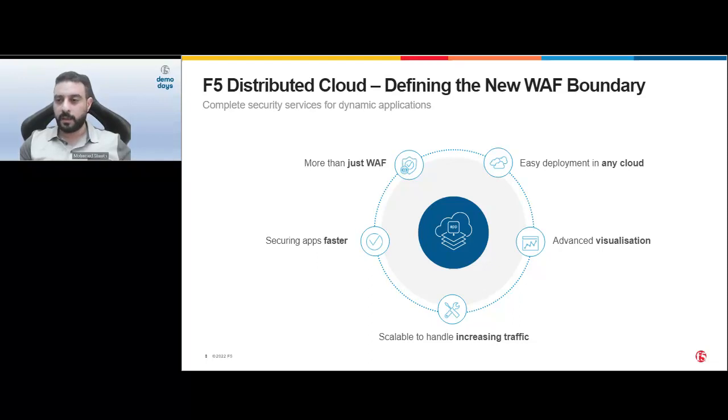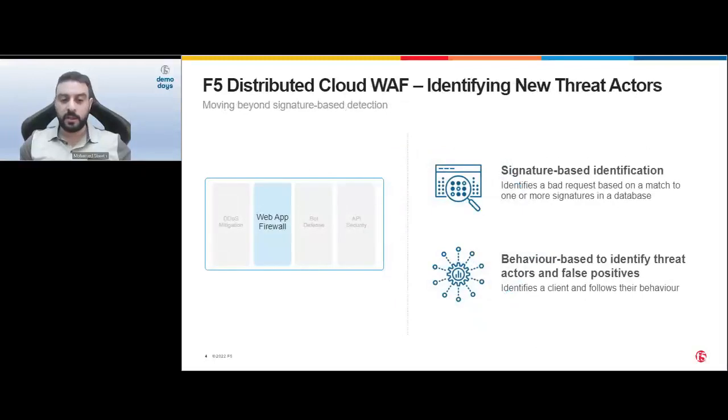So nothing is going to be deployed on the customer side, and it's a faster way to secure your application. And more importantly, it's not just a WAF; it offers other services like DDoS mitigation, bot defense, and API security. Those other topics we are going to see in the next sessions.